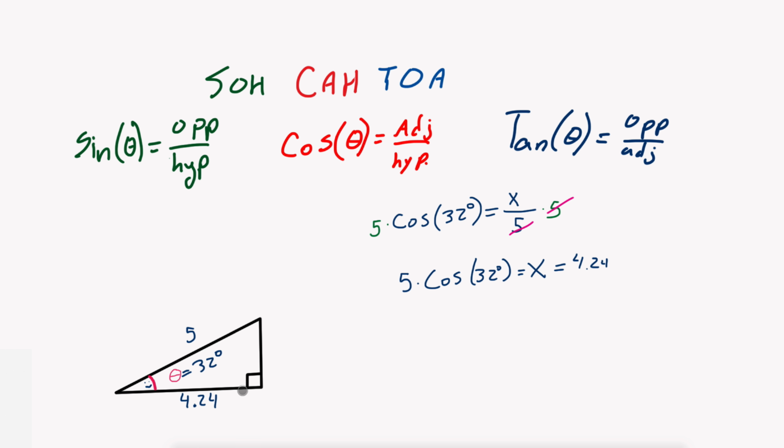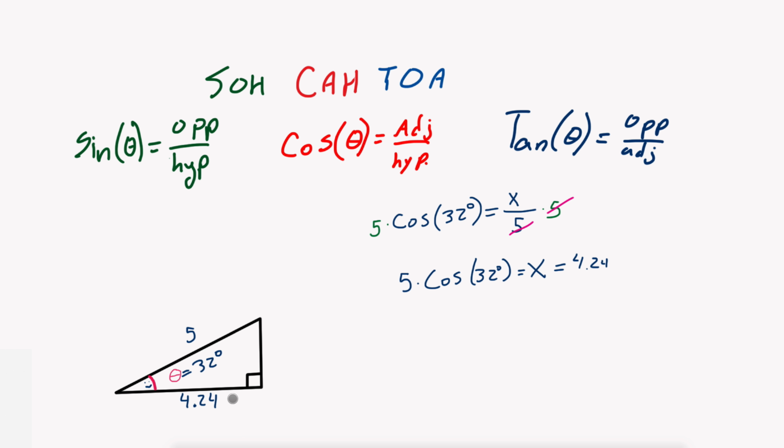So what does that mean? That means that if our hypotenuse, our longest side right here, is 5 inches or 5 miles or 5 light years or whatever it is, then this side, the bottom side right here, is in fact going to be 4.24 inches or miles or light years or furlongs or whatever unit you're in, meters.